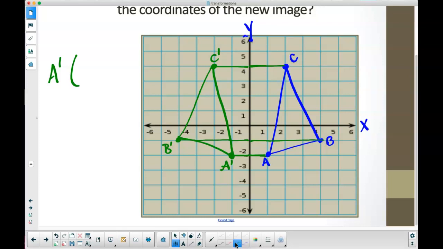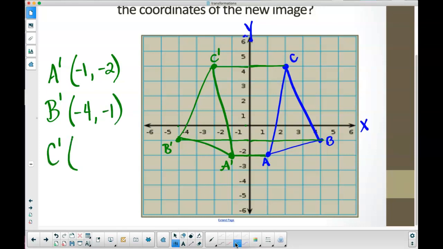What's A prime, Savannah? (-1, -2). It went left 1, down 2. B prime is (-4, -1). And C prime is (-2, 4). Questions there?